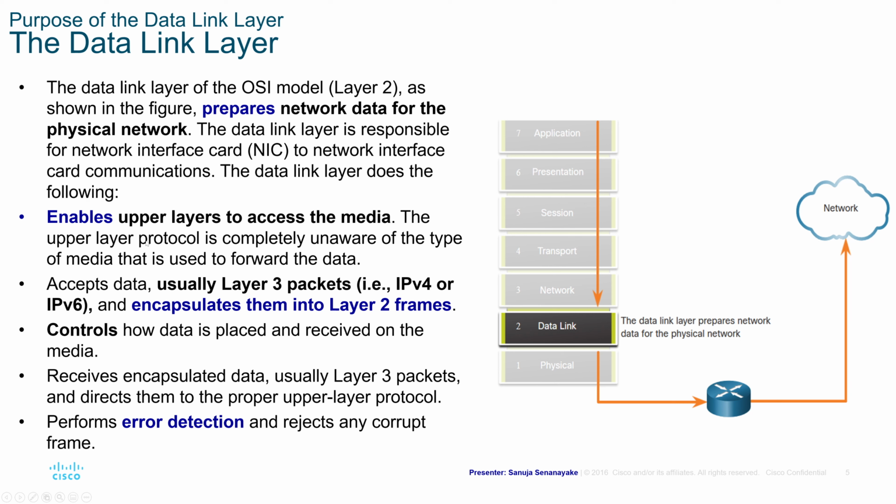The data link layer enables upper layers to access the media. The upper layer protocol is completely unaware of the type of media that is used to forward the data. The data link layer accepts data, usually layer 3 packets such as IPv4 or IPv6 packets, and encapsulates them into layer 2 frames. It also controls how data is placed and received on the media.